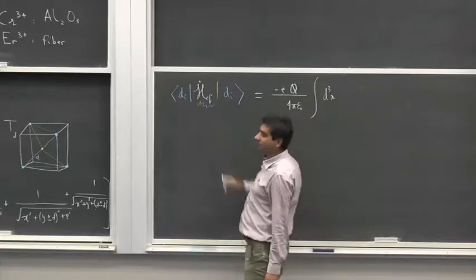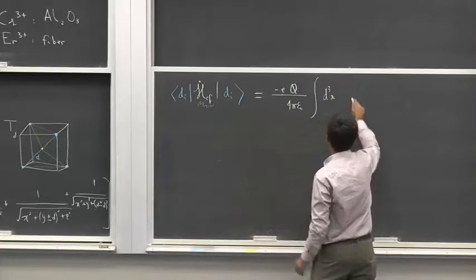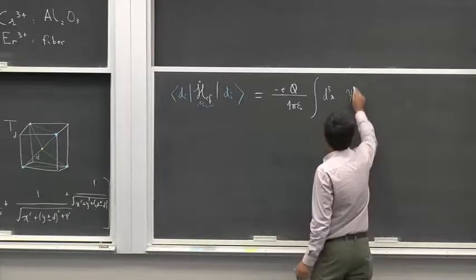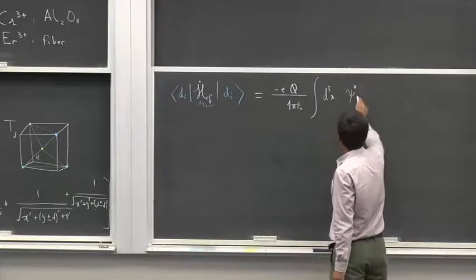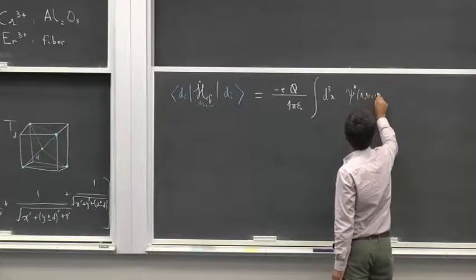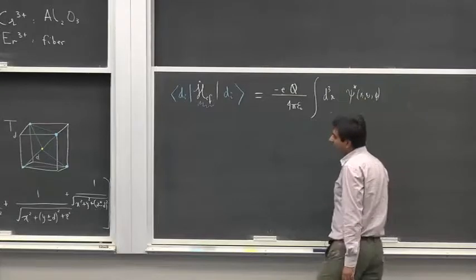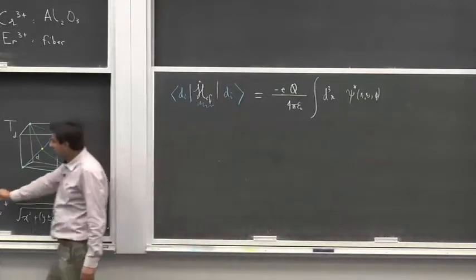Now this thing corresponds to a wave function which I've written over there, psi d1, d2, d3, right? Complex conjugate, function of r, theta and phi. It has a radial part and a spherical part. And I need to find out this thing.